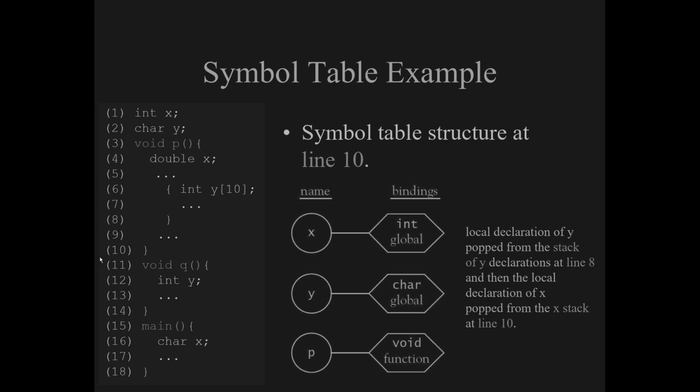Now, at line 10, after the definition of p ends, this x and this y are removed from the symbol table because they're local to the function p. But p itself is still there because you need to use it later.